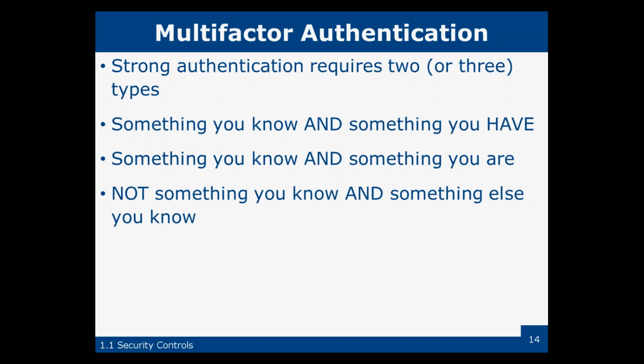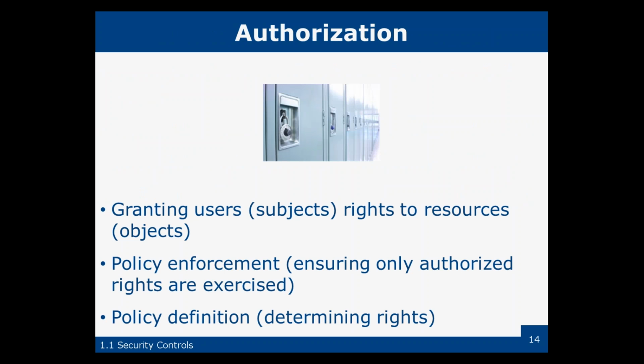It can't be two from the same thing. It can't be 2 somethings you know. It has to be something you know and something you have, something you know and something you are, or something you have and something you are, those kinds of things. It can't be 2 somethings you have or 2 somethings you are to be multi-factor.